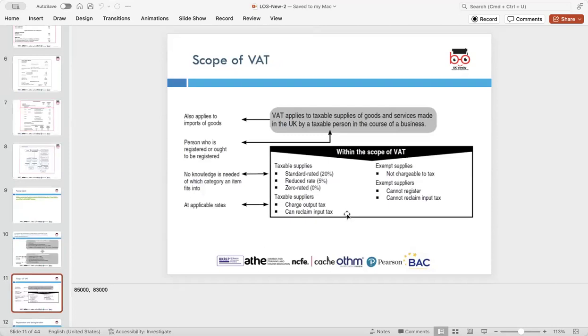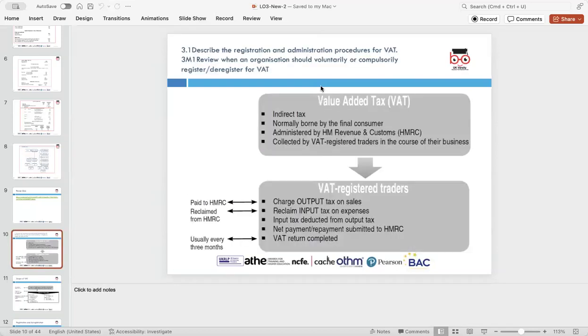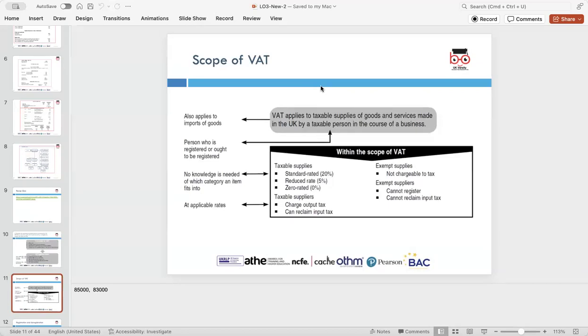Scope of VAT registration. VAT is applicable not only to goods and services produced domestically, but also extends to imported goods.